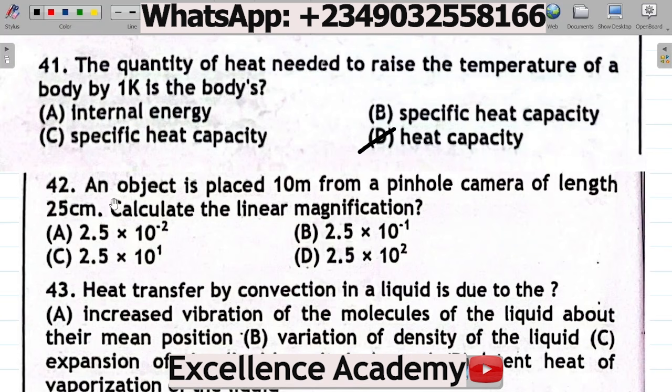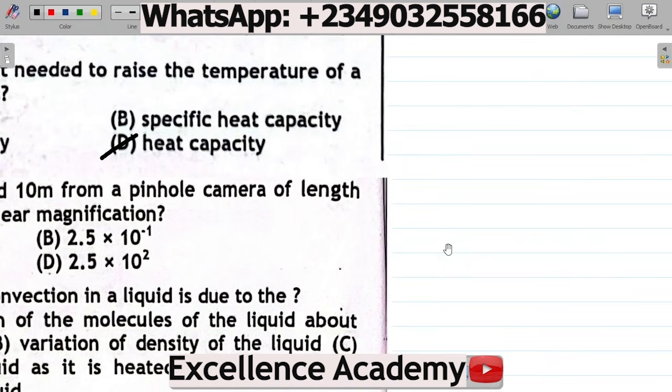Question 42. An object is placed 10 meters from a pinhole camera of length 25 centimeters. Calculate the linear magnification. You have option A, option B, option C, and option D. So how do you solve this question? Let's write down the given parameters.